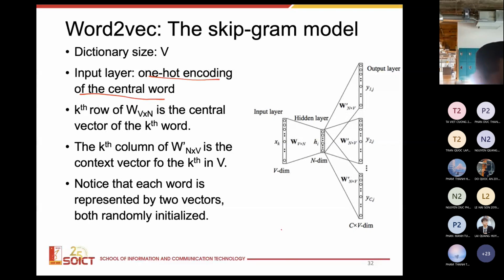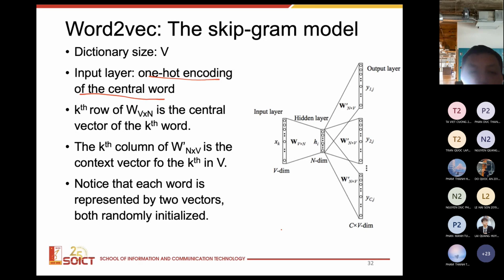Okay, so let me repeat. In the skip-gram model, we want the model to predict the surrounding words in the context given the central word, right? So the input of the model is the central word, and we want to predict the probability of having a word in the surrounding context of the input central word.